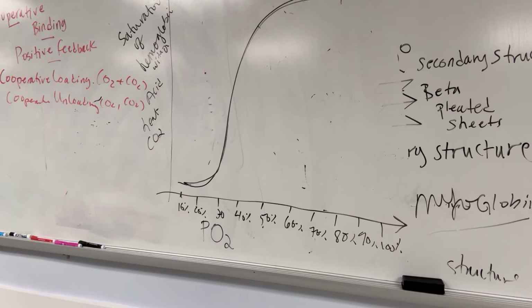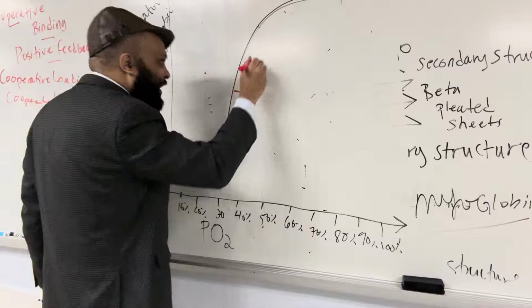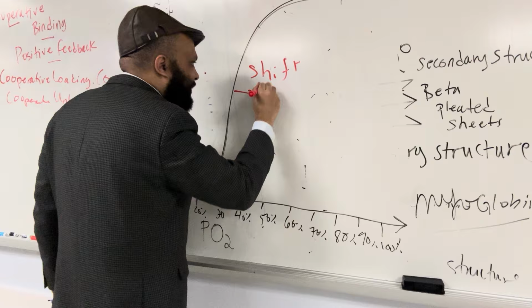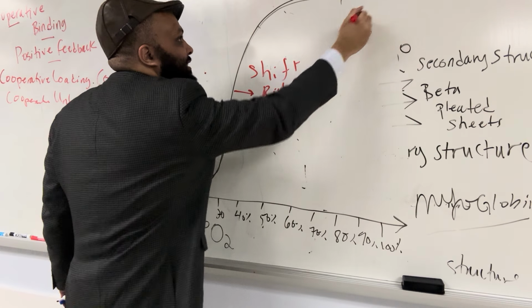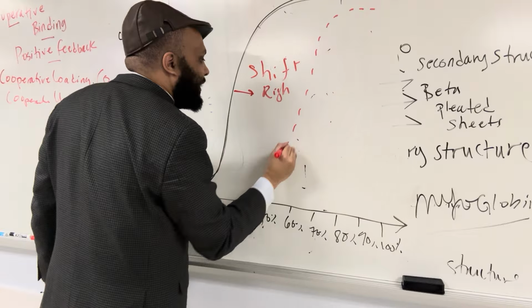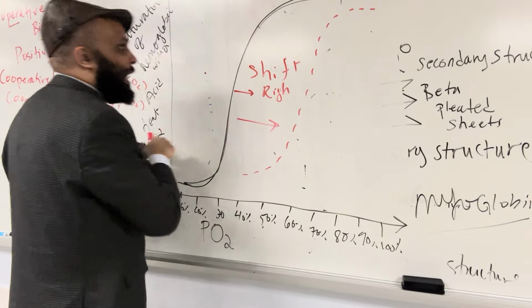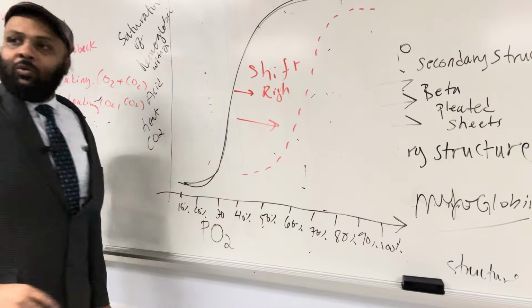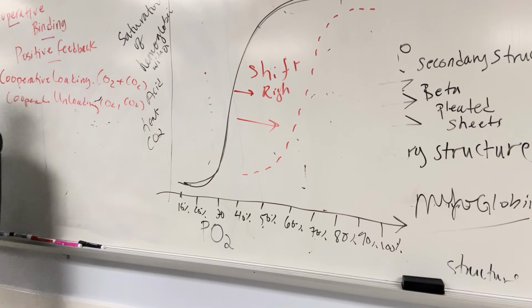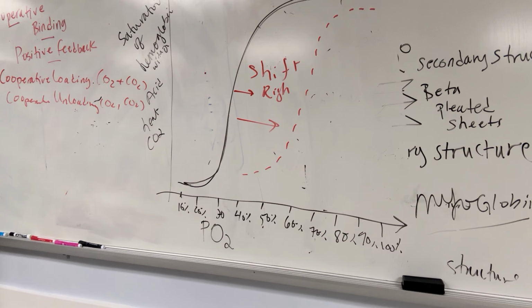So Bohr discovered that this sigmoidal curve is going to shift to the right. What does that mean, shift to the right? It means that we accommodate.